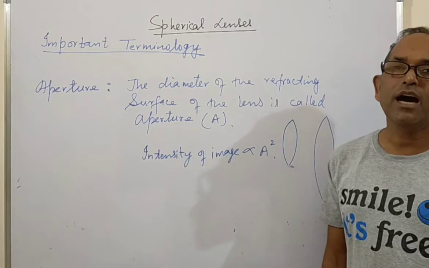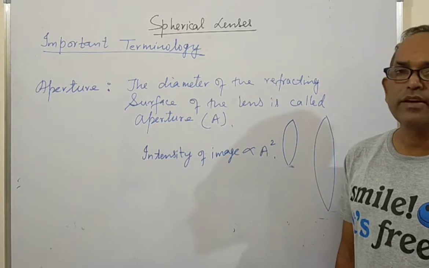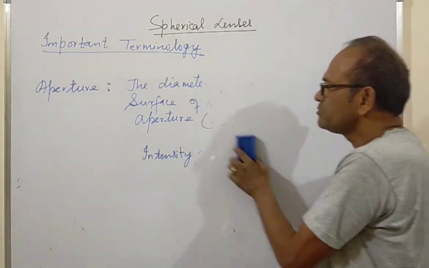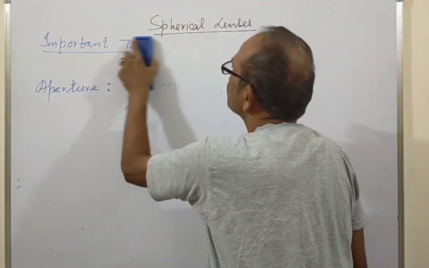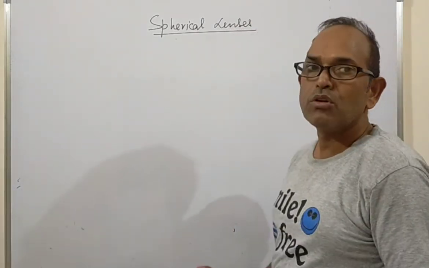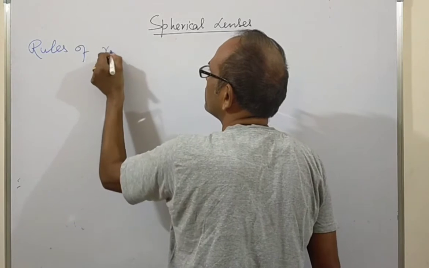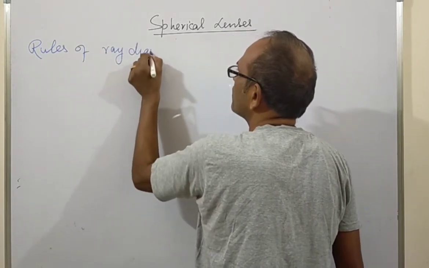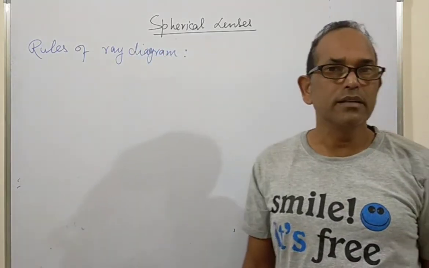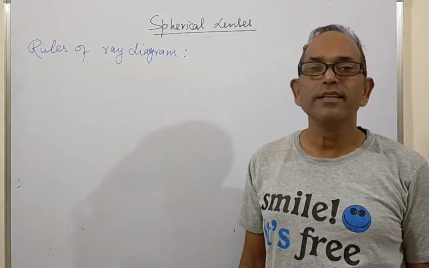Okay, so these are a few important terminologies. The rest of the terminology, students, is just like the mirror, concave and convex mirror. Okay, so now let's proceed further and learn about rules of ray diagram. Just like mirrors, here also we have rules of ray diagram for lenses.